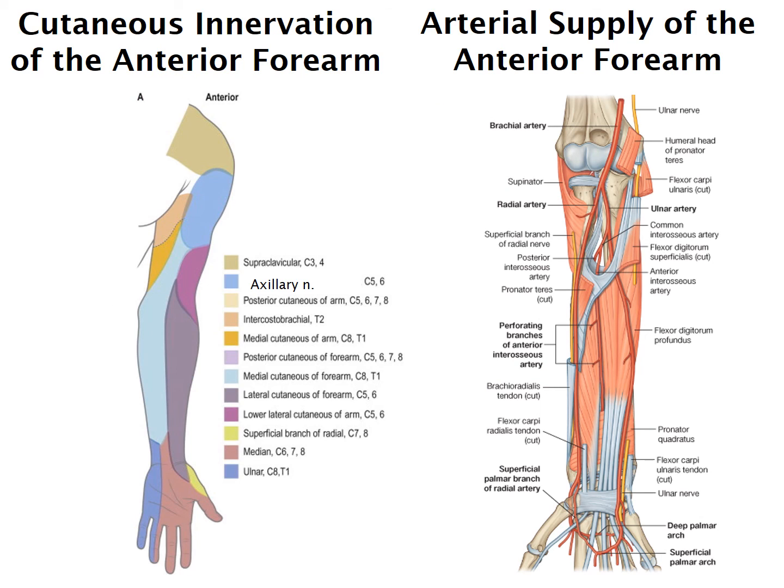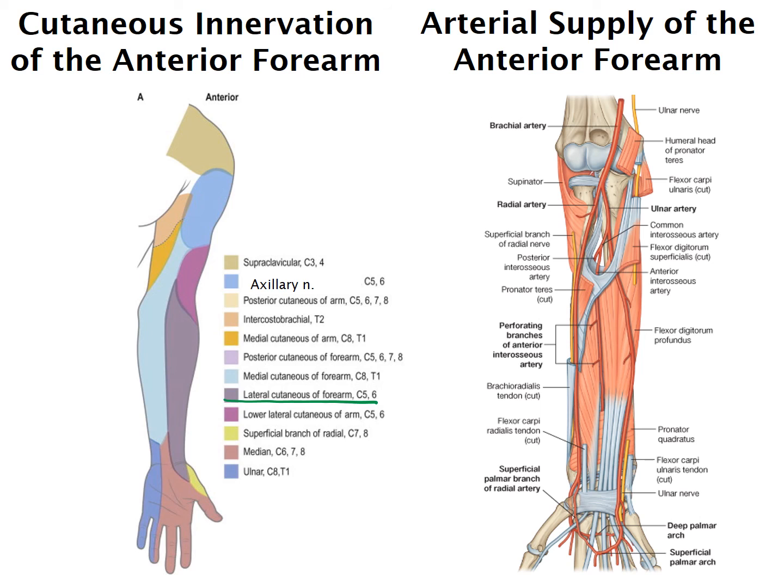Lastly, let's review the cutaneous innervation of the anterior forearm, and let's also review the vascular supply of the anterior forearm. The anterior forearm is supplied with cutaneous innervation by two separate nerves. The lateral cutaneous nerve of the forearm, shown here in purple, is the terminal continuation of the musculocutaneous nerve, which, as you may recall from last time, was responsible for innervating the muscles of the arm.